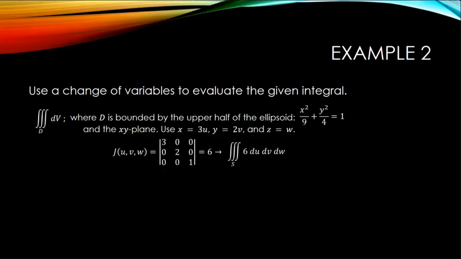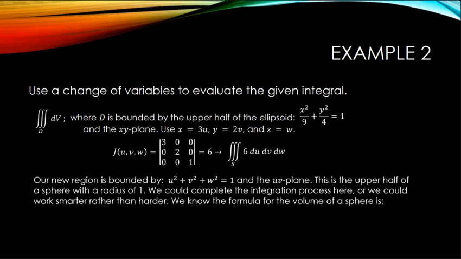This will give me a triple integral over S of 6 du dv dw. Our new region is bounded by u squared plus v squared plus w squared is equal to 1, and the uv plane. This is the upper half of a sphere with a radius of 1. We could complete the integration process here, or we could choose to work smarter rather than harder.